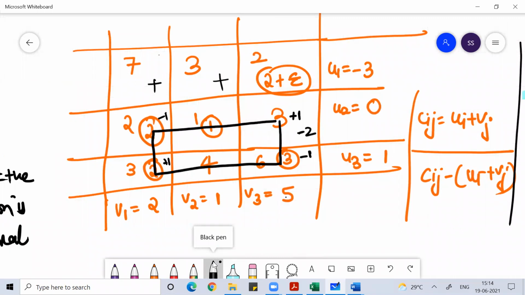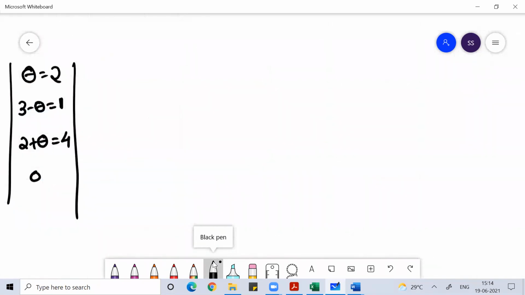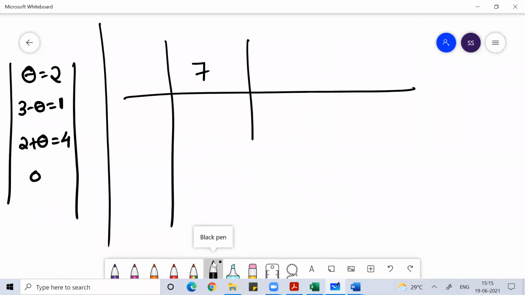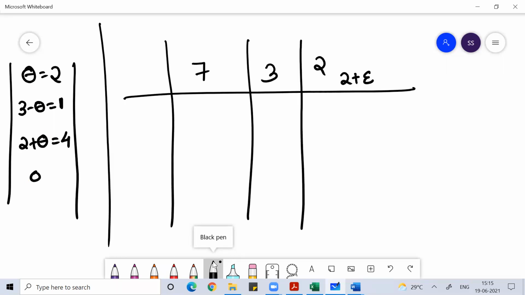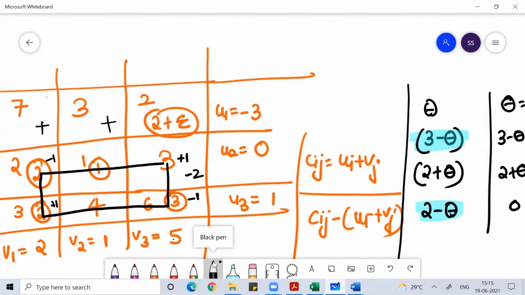So 7, 3, 2. Let me write it down. The allocation was 2 plus epsilon.